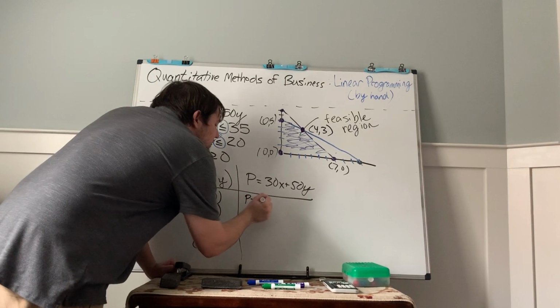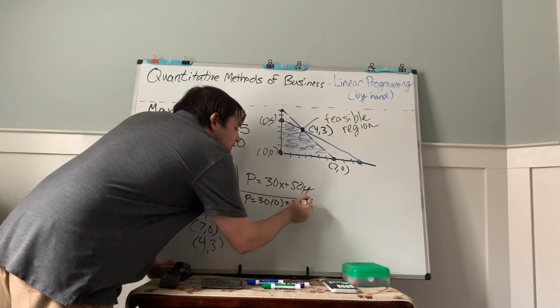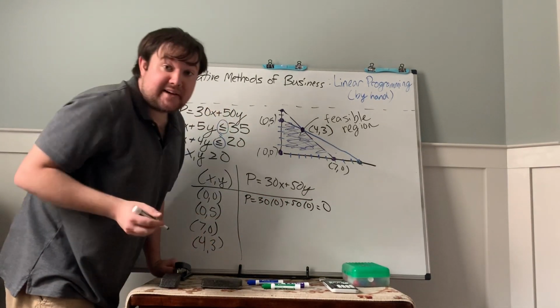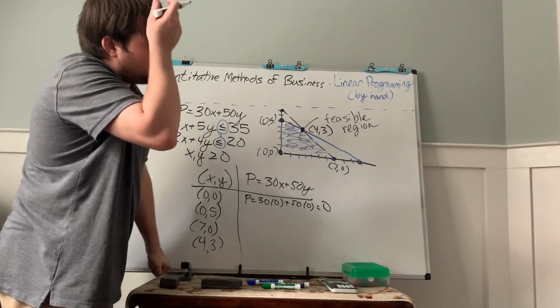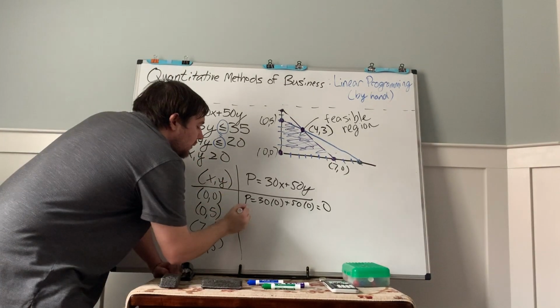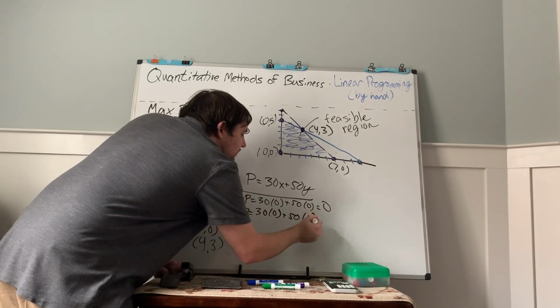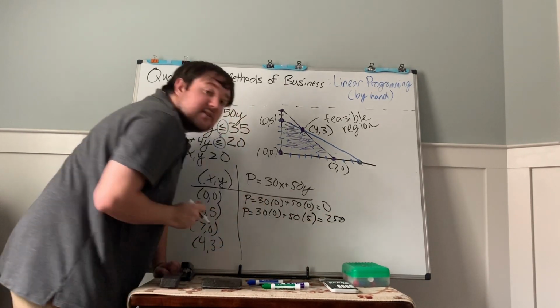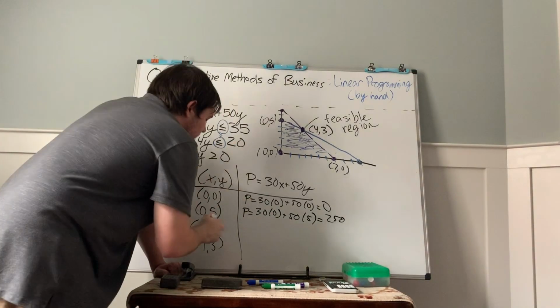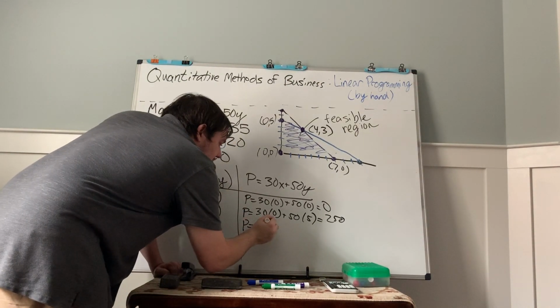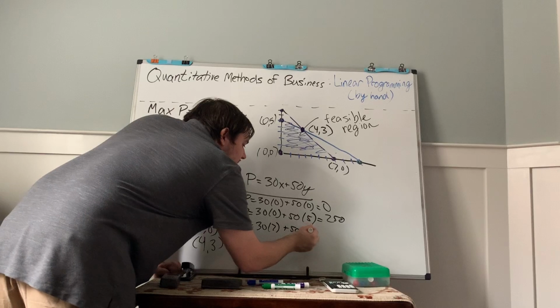So p is 30 times 0 plus 50 times 0, which is in fact 0. Probably not going to be our maximum. Here we've got p is 30 times 0 plus 50 times 5. That gives us 250. Here we've got 30 times 7 plus 50 times 0.